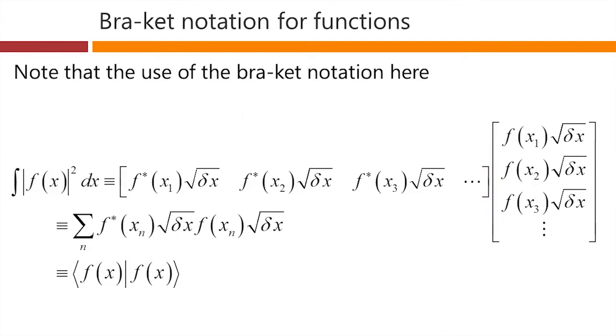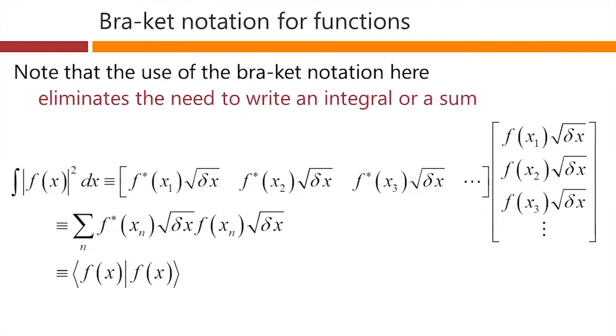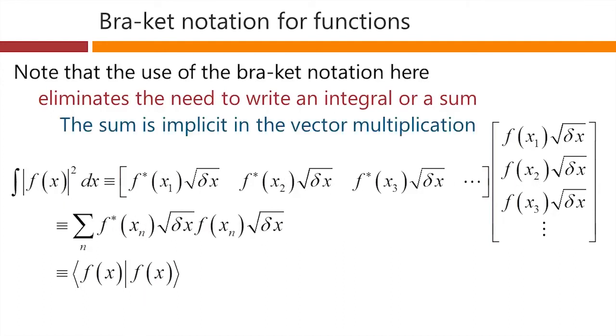Now, note that the use of the Bra-ket notation here eliminates the need to write an integral or sum. If we merely use this, we don't have to bother writing out any of these other forms. This is a shorthand notation for writing these. And of course, when we do a vector multiplication, the sum over each of these products is implicit in the vector multiplication.